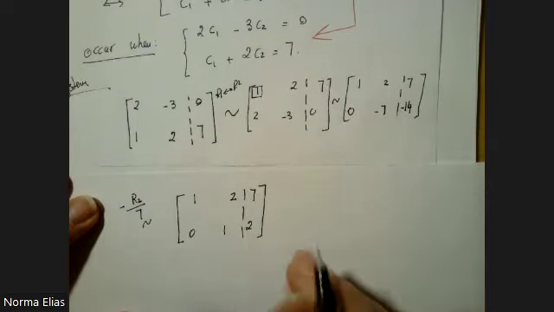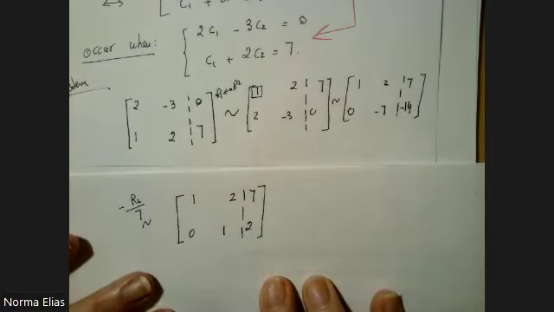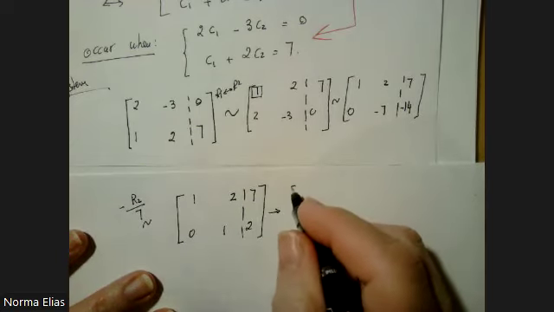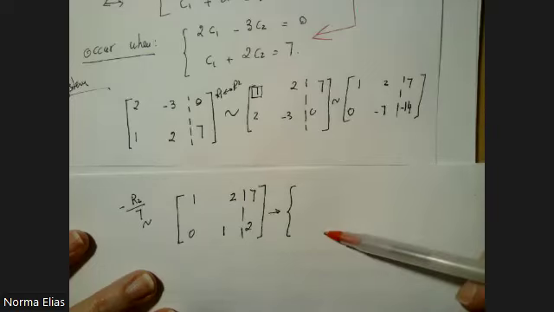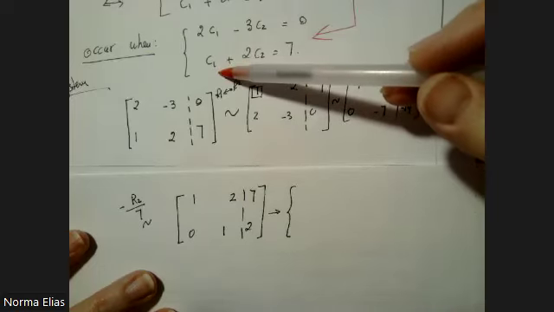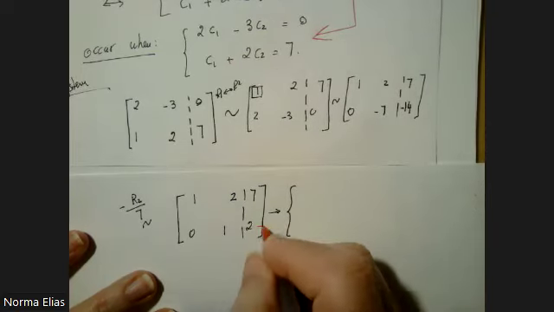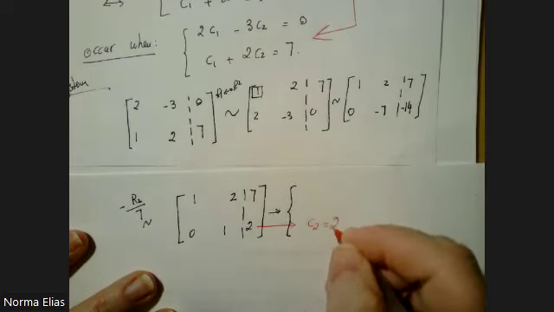I can stop right here. Or you can go to the reduced echelon form. It's a very easy system. You have your choice. So what does this mean here? What are we solving for? We're solving for the weights C1 and C2. So this means that the second equation reads C2 equal to 2.